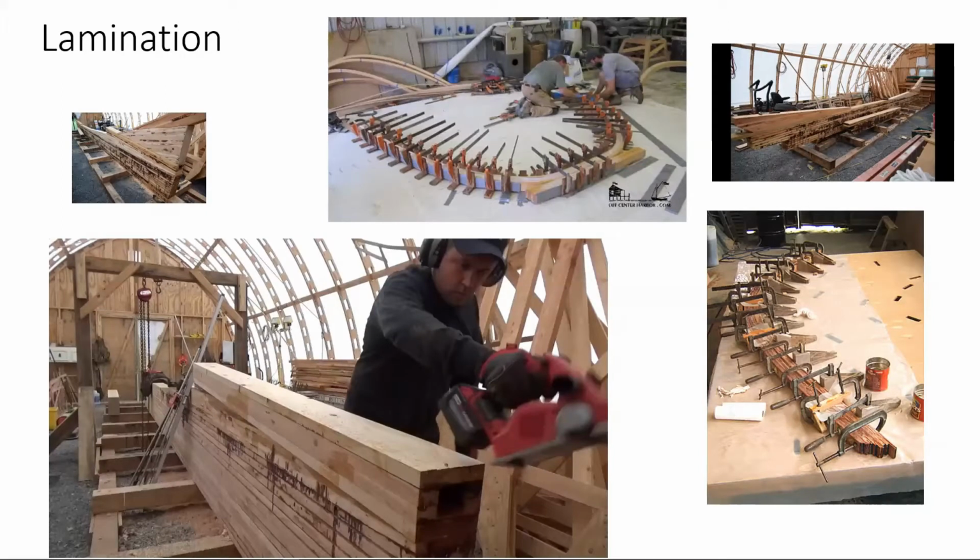So you can glue layers upon layers together to create the size and length, or shape, that you need for different types of structural members or parts of the ship. Actually, the majority of our structural members are going to be laminated in some way. And the majority of our keel, frames, and keelson are going to be laminated yellow pine.